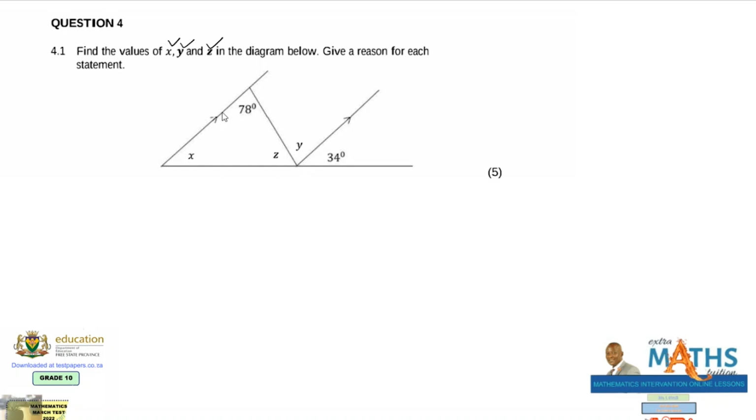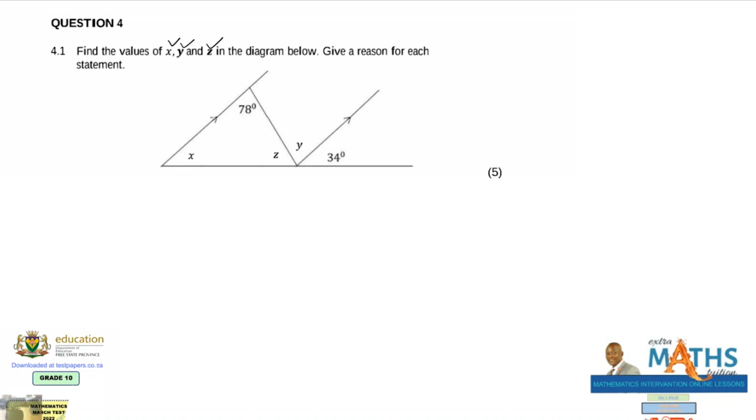Okay, guys, in order for you to be able to calculate these values, you need to make sure that you work according to what is given and use these principles of parallel lines.